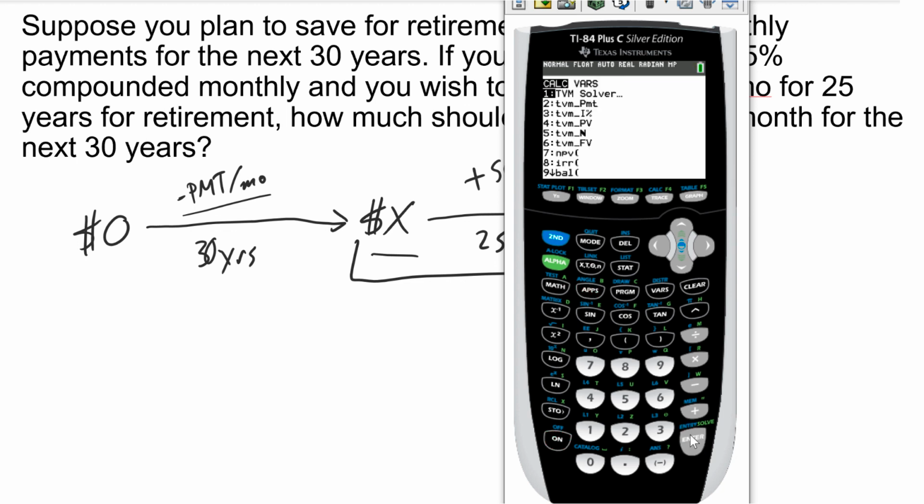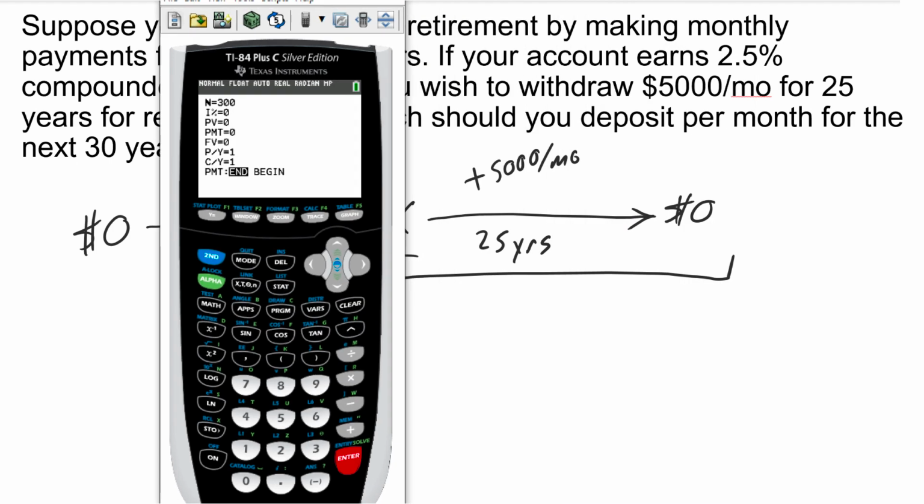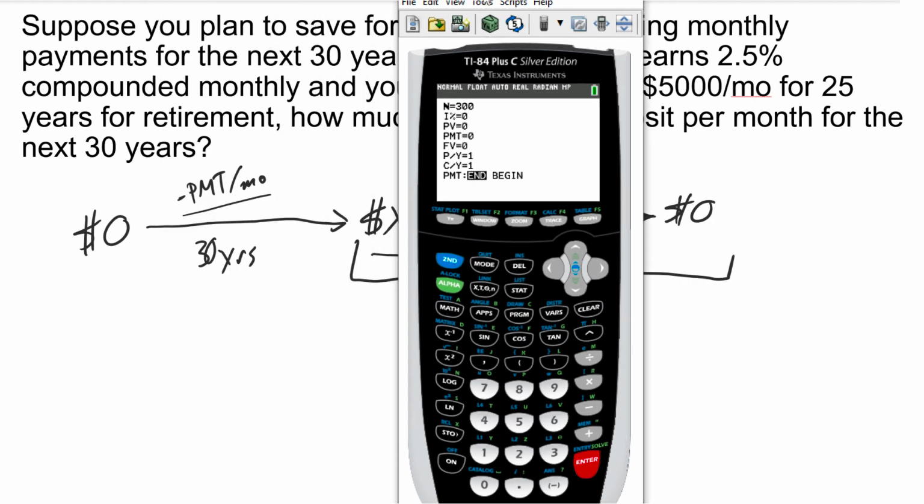All right, so we're wanting to make withdrawals for 25 years. So that's going to be 25 years times 12 per year, so 300 withdrawals. The interest rate, we said that was 2.5%, so we put in 2.5. The present value, that's what we're trying to figure out.